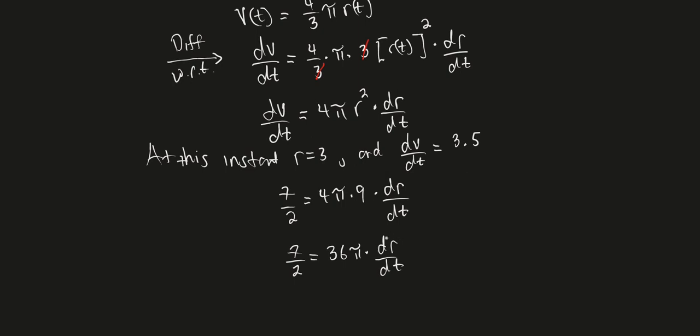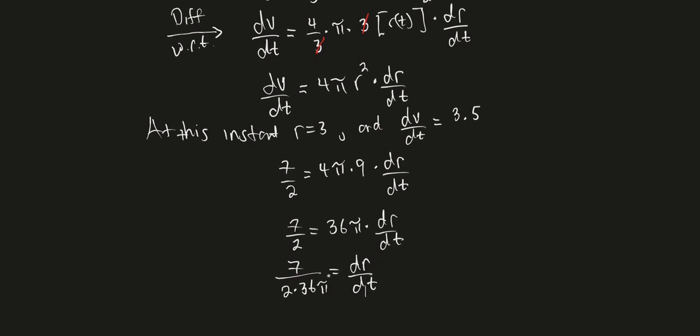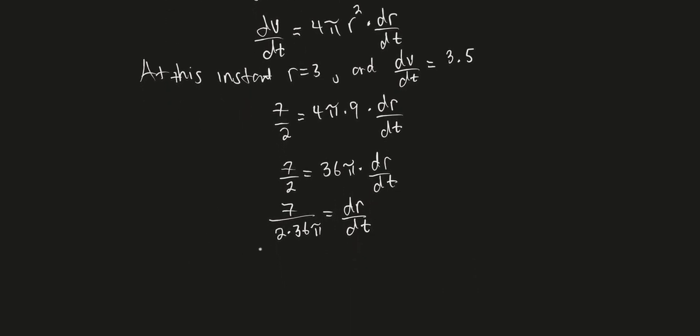And then solving for dr/dt, that means I have to divide both sides by 36 pi. So then you end up with 7/2 divided by 36 pi. That's equal to the rate of change that I want, right? And so therefore dr/dt at this instant is 7 over, now 2 times 36, so that's 72.